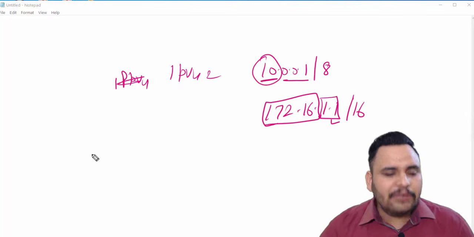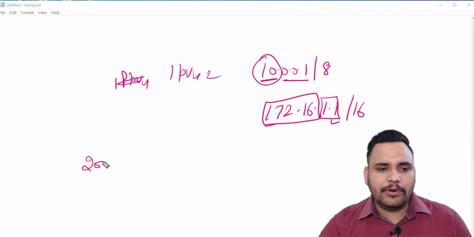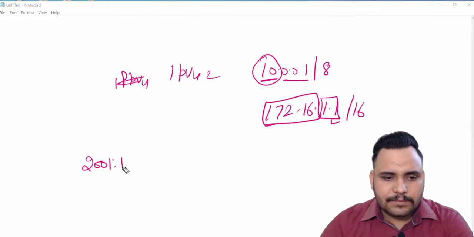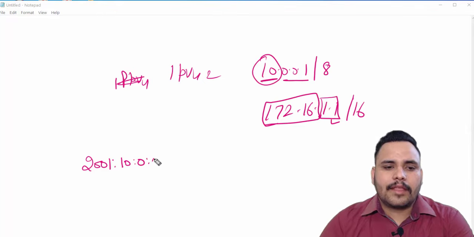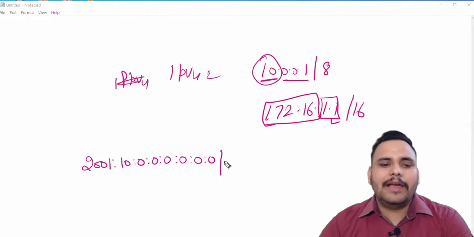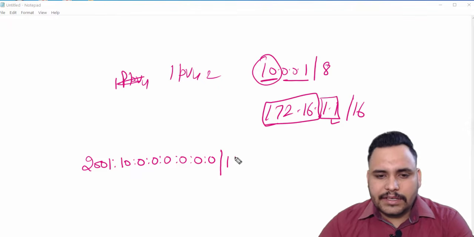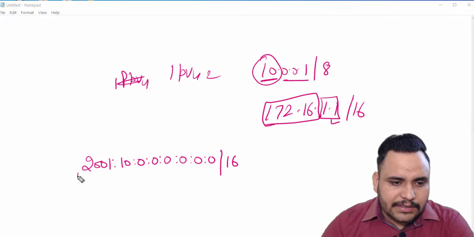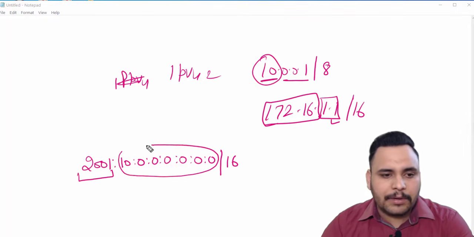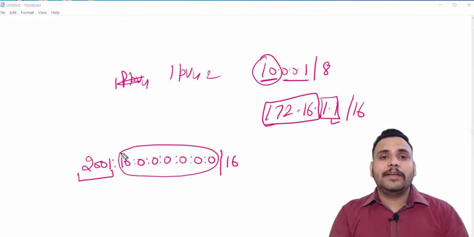In IPv6, for example, you are writing 2001 and I'm using 2001 as an example. For example, I am writing here /16. So it means 16 bits are the network, and the rest of the address will be used as the host part.